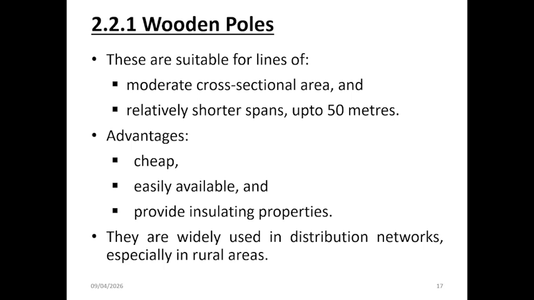So the first type is wooden poles, which are suitable for overhead lines with moderate conductor cross-sectional areas and relatively short spans of up to 50 meters. They offer several advantages. They are inexpensive and readily available, and naturally provide electrical insulation.